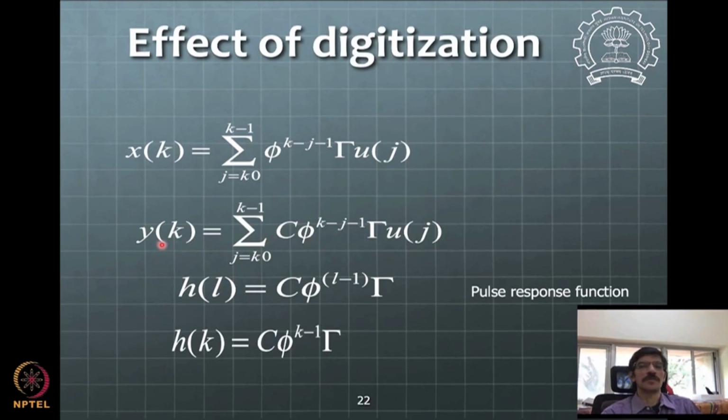There's one concept here. Now further to that, we seek a way to get some kind of a transfer function in the digital domain. To get that, we need to define some new quantities, so we'll come to that.